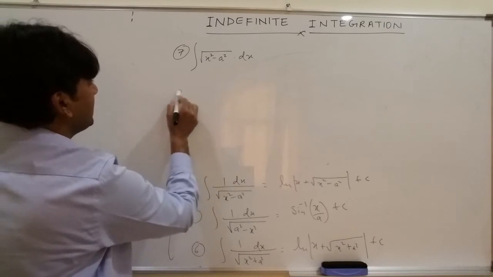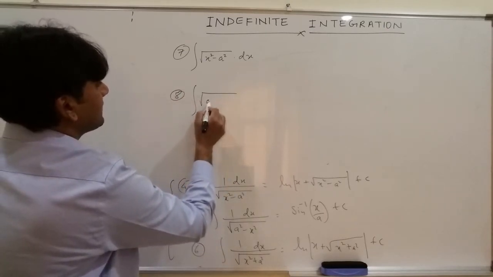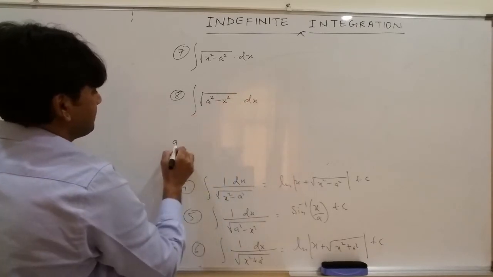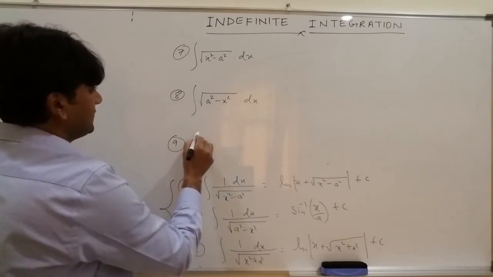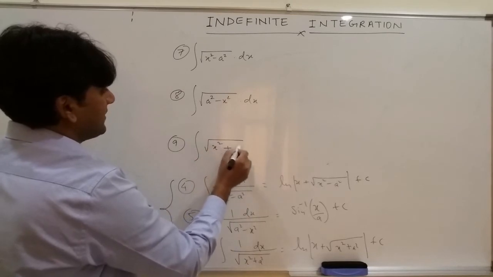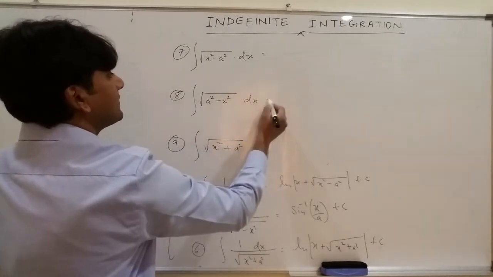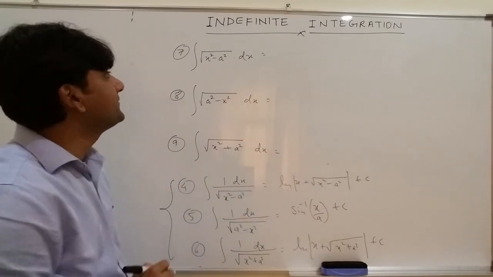Then 8th one, root a square minus x square dx. Then 9th one, root x square plus a square dx. Okay? So we have to learn these.